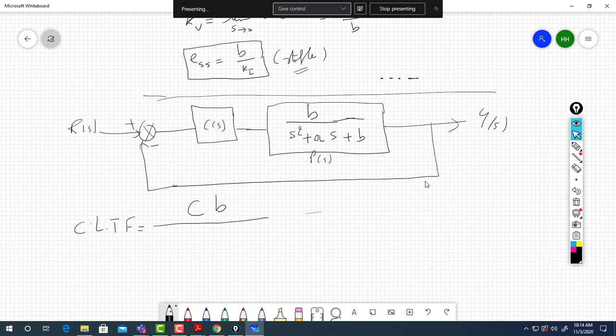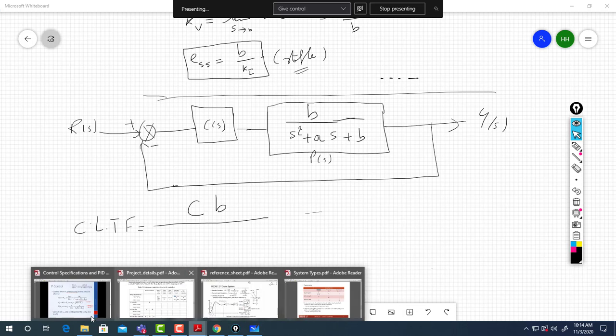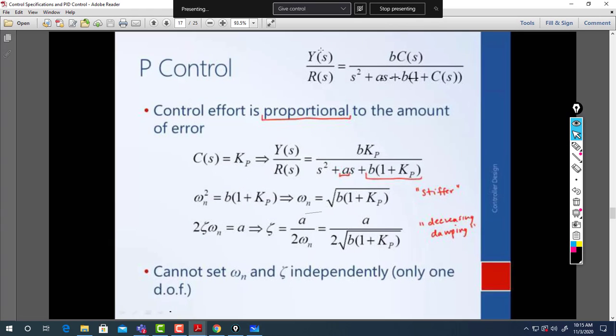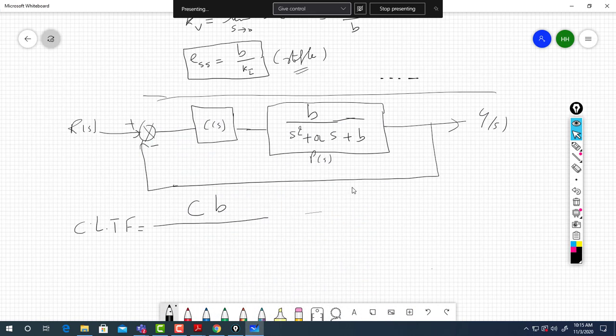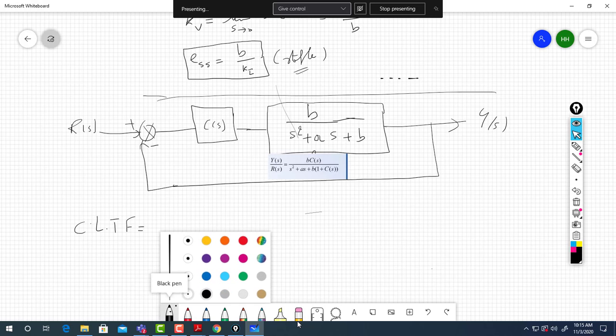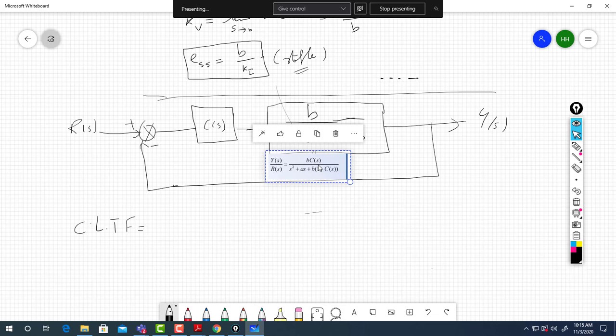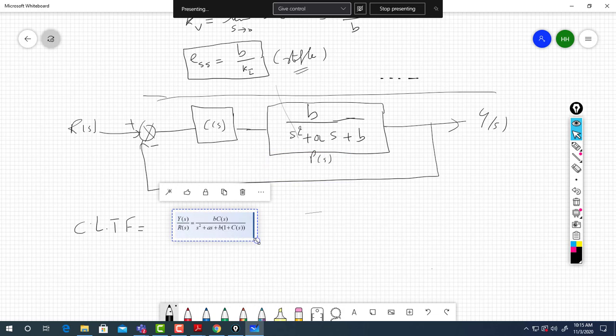So you'll end up having that equation, that closed loop transfer function. This will be your closed loop transfer function. It is easy, just a derivation.